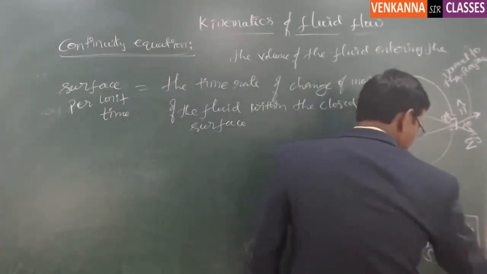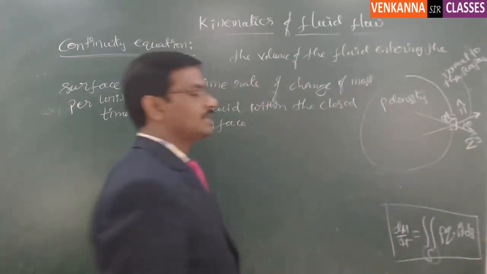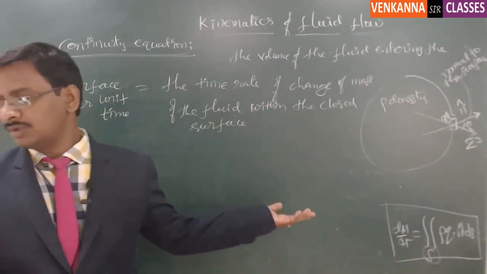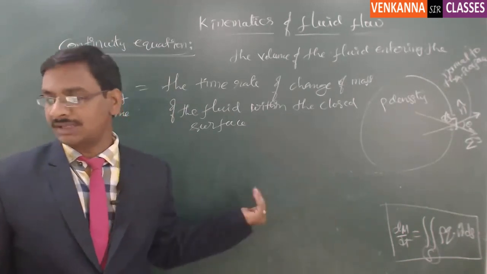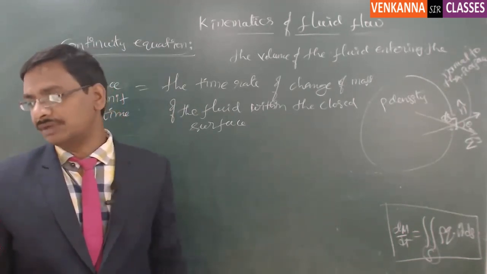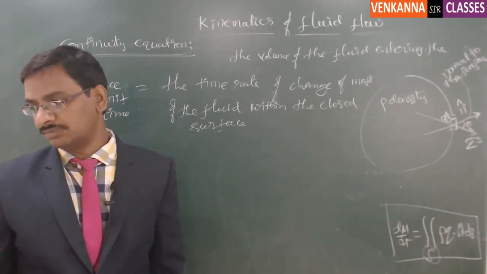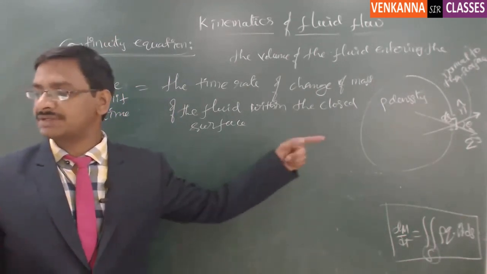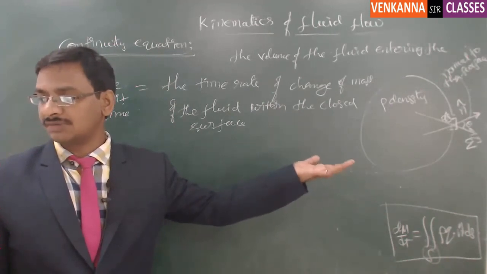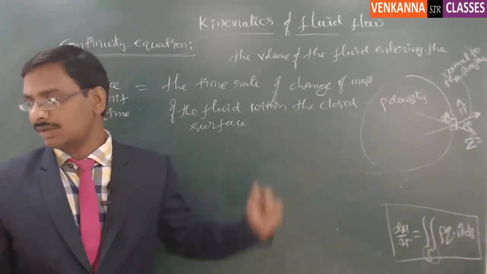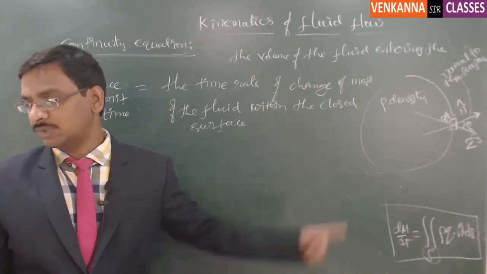So this is the mass of the fluid that is going out. Suppose if I ask you to find the mass of the fluid that is coming inside, then it will be the negative of it. Got it or not? Because the velocity direction is taken as outward. But I am trying to find the mass of the fluid that is entering, which is nothing but negative of this one. Got it?